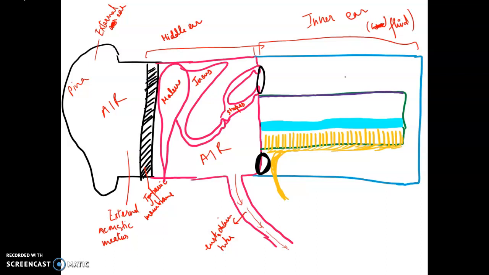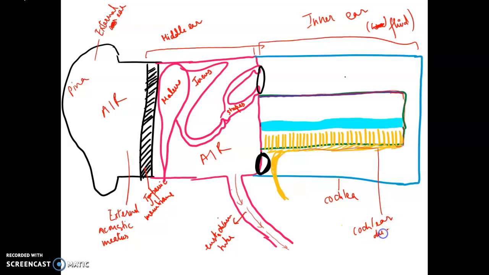All right. So we will start by labeling a few things of the inner ear. The blue part outside is the cochlea, and inside this part is the inside tube, that is the cochlear duct.